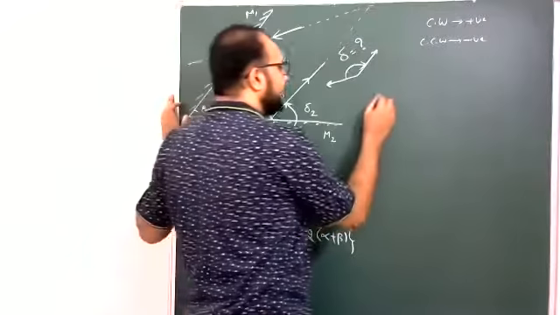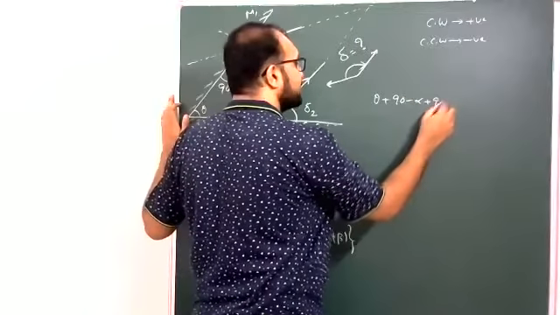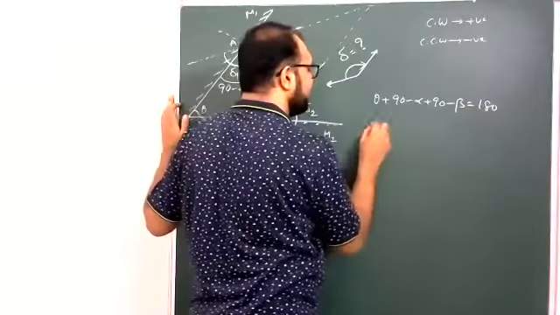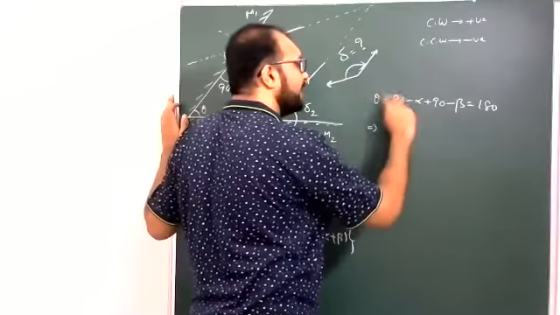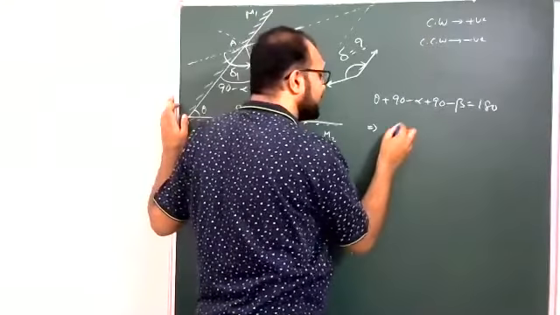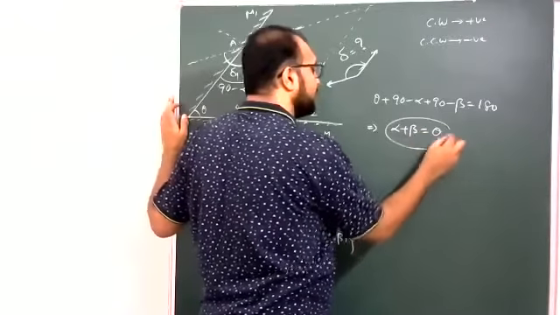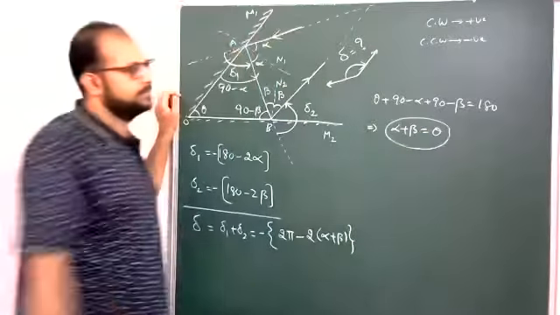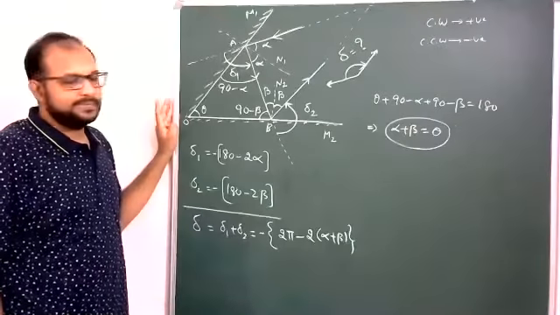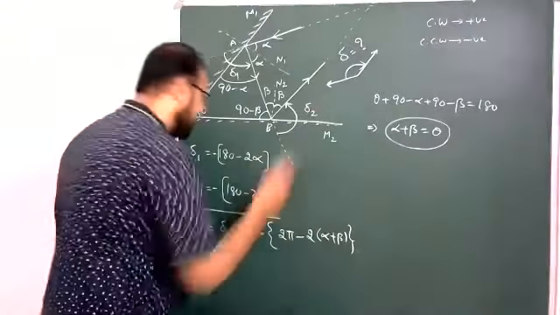So, students, theta plus 90 minus alpha plus 90 minus beta equals 180. 90 plus 90 is 180, and the 180s cancel out. After sending alpha and beta to that side, alpha plus beta equals theta. Now here, in place of alpha plus beta I will write theta.